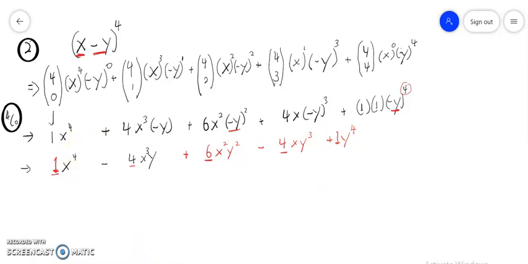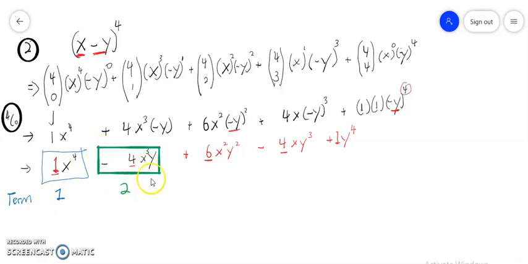Okay, now let me brief you about the terms. This is the first term, term 1. This is term 2.